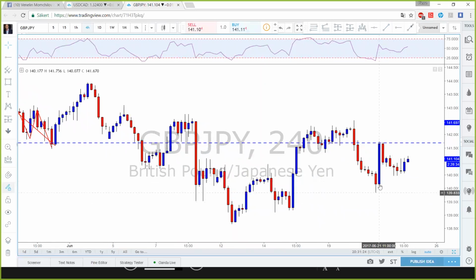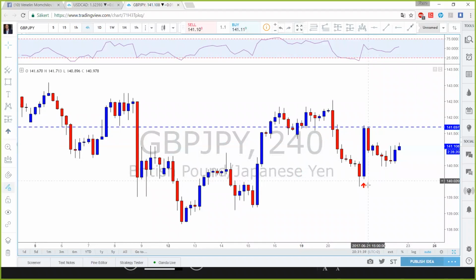And this candle here that we got yesterday, no matter if it was a speech or news or whatever that made this candle, this tells you there is strength in the bulls at this level.